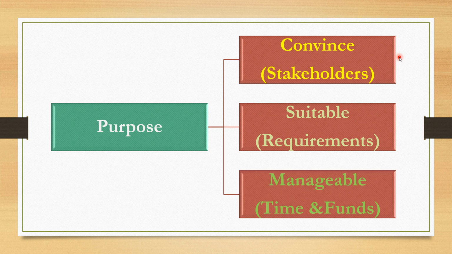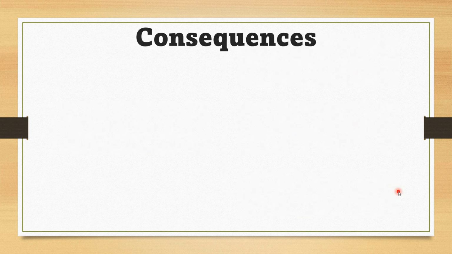The last, and just as important as the first two, is the manageability of my project according to the time and funds allocated for it. If my project is not manageable according to time and given specified funds, then my research project is nothing other than a waste of papers or waste of words.